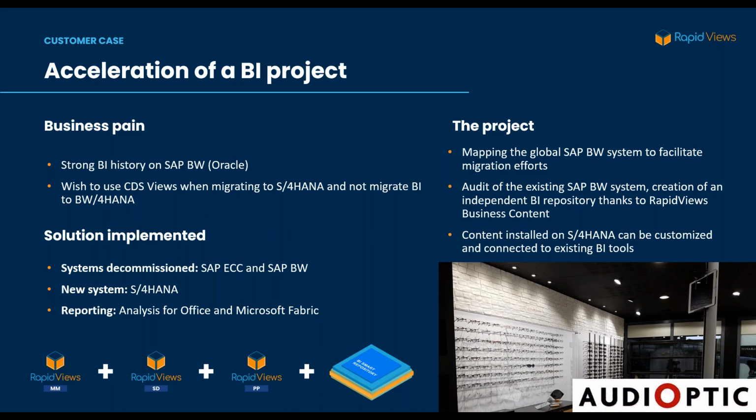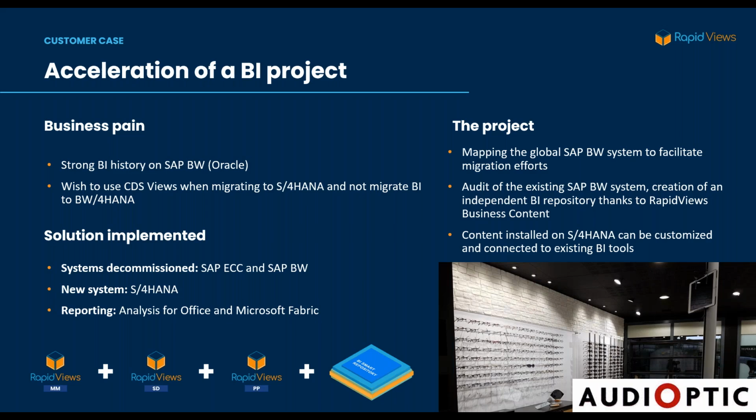And so RapidUse with the BI Smart Repository managed to map and to cartography and audit the BW system, and RapidUse provided also the business content on material management, sales and distribution, and production planning to accelerate their migration. And so now we are in production live on this S/4HANA.